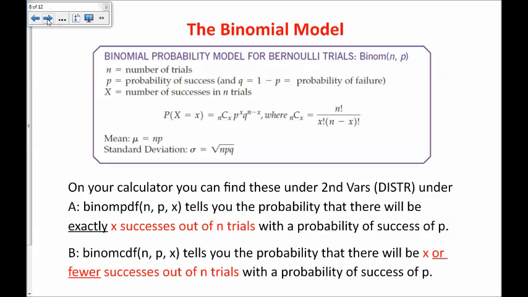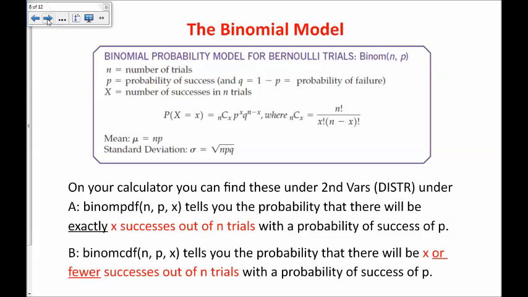Here is a summary from the textbook about the binomial model. N is the number of trials, P is the probability of success, and Q is the probability of failure. X is the number of successes in N trials.